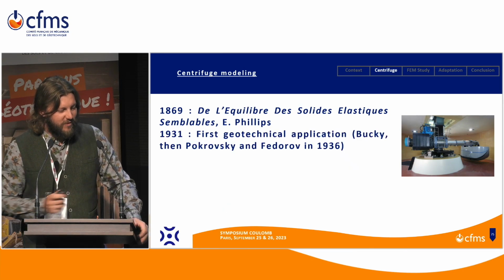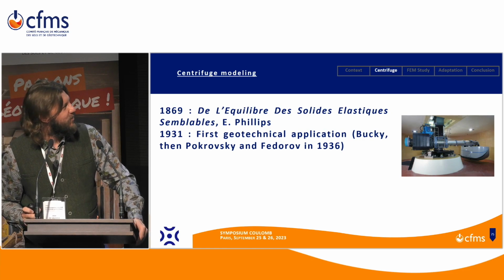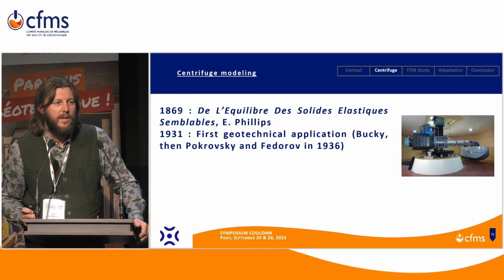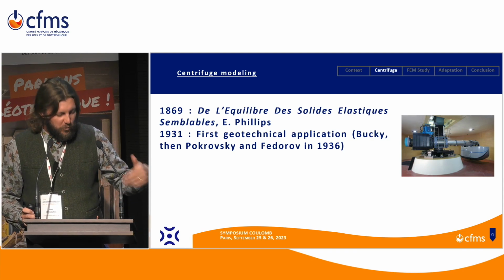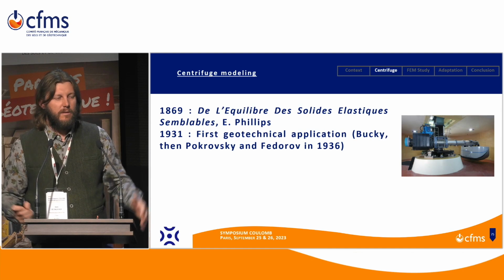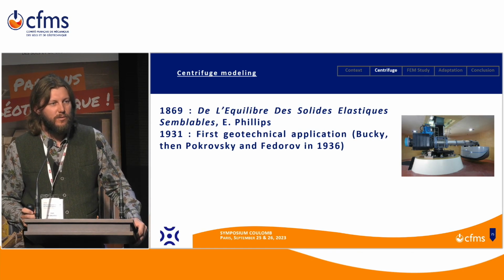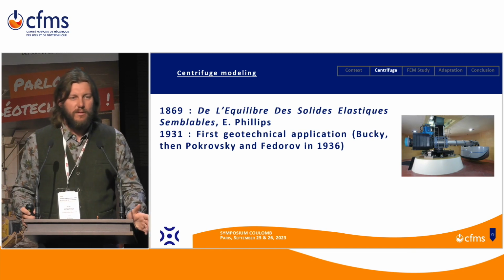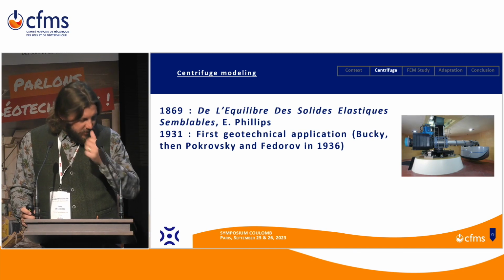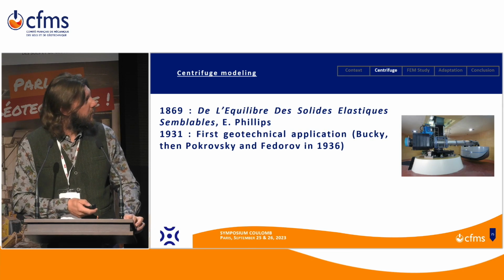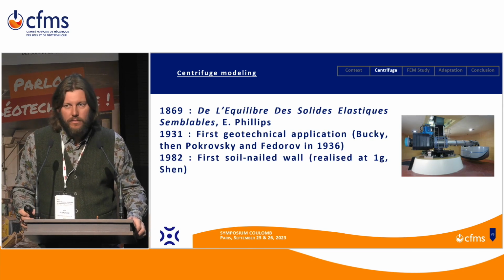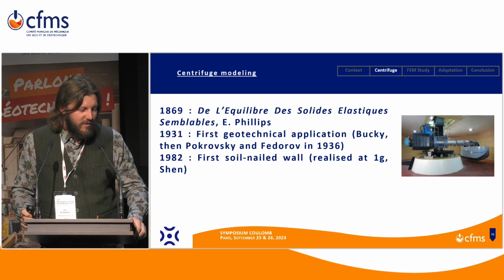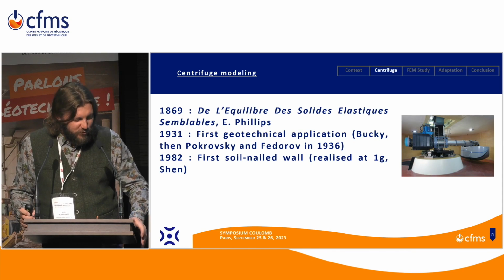The idea was simple, but the practice is not so simple. The first geotechnical application is in 1931, and the first bright application which gave conclusive results was in 1936. And then we had to wait until 1982 to have a soil nail wall modeled in centrifuge.